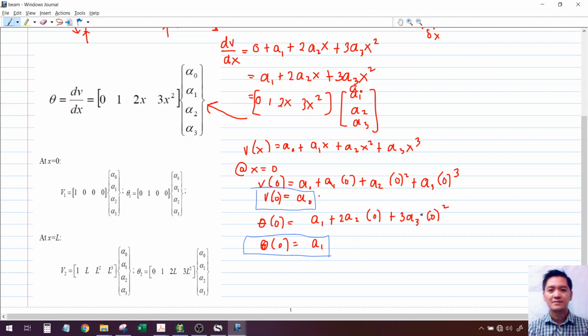Or in matrix form ito, V at 0 or V1, diba? V at 0 is V sub 1, or the displacement at 1, equals in matrix form, dahil alpha naught lang ang may value, so 1 to. The rest ay 0, diba? 0, 0, 0.